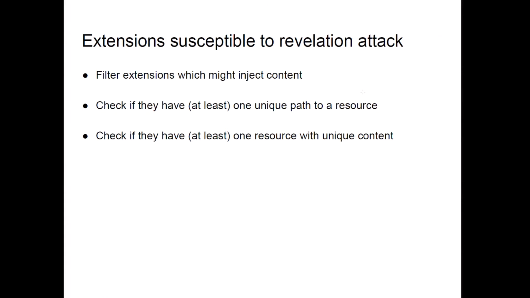In Chrome, it's enough that they somehow hard code their extension ID into a URL. Then we check for each extension if they have at least one unique path to a resource. We also check if they have at least one resource with unique content by hashing the content. And then we take the union of these two sets.